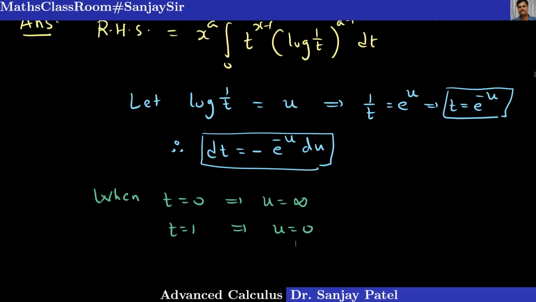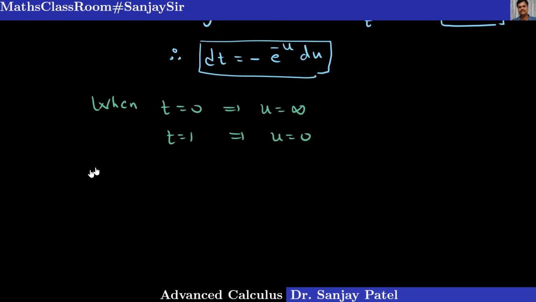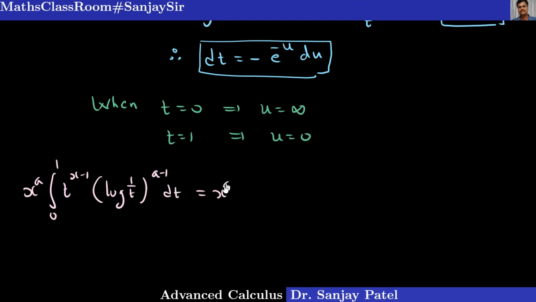Putting all these values in that integral, we'll get x raised to a integral 0 to 1 t raised to x minus 1 into log of 1 upon t raised to a minus 1 dt is equal to x raised to a into integral infinity to 0, into t.